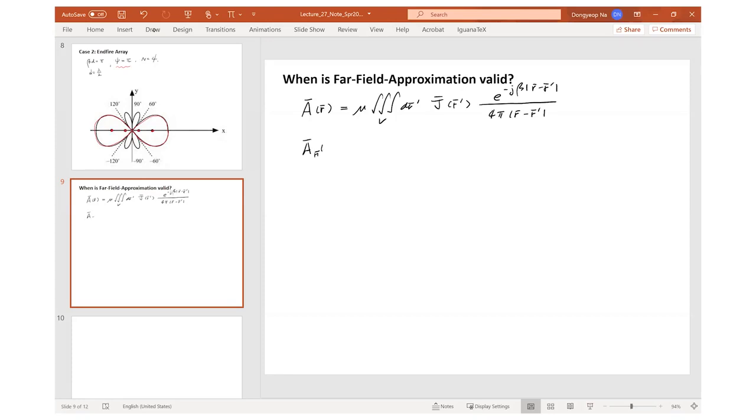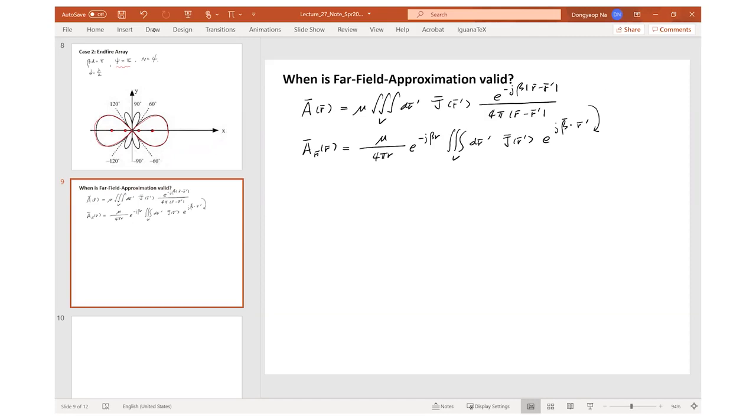And the far field approximation is going to be e to the minus j beta r over 4 pi r, times mu. So in order for us to arrive at the bottom equation from the top, what we have assumed is two things.